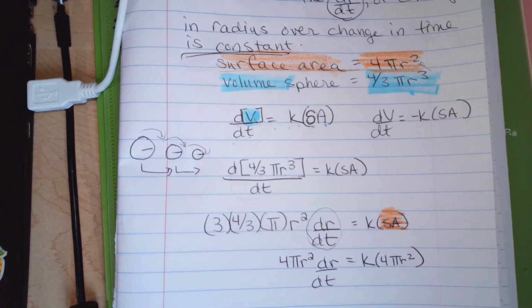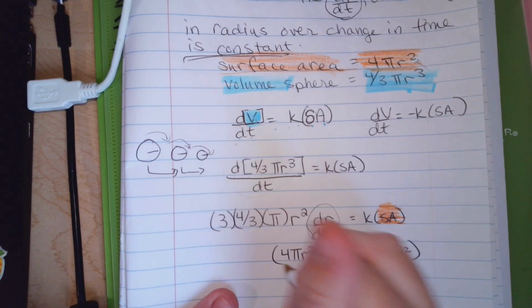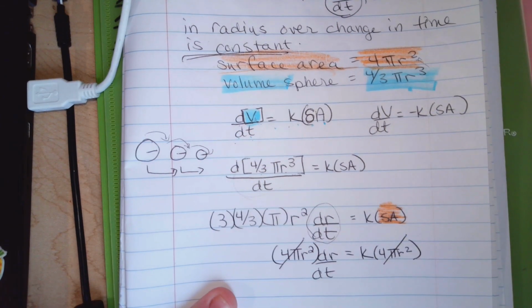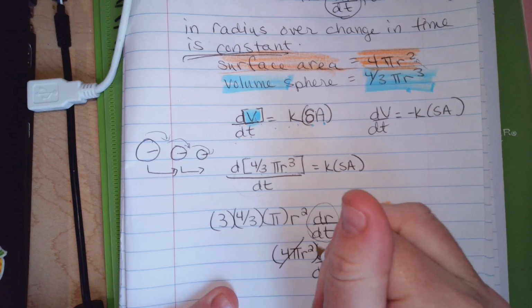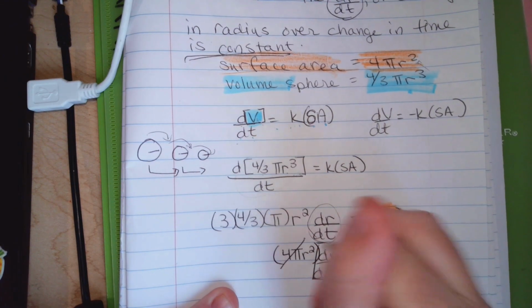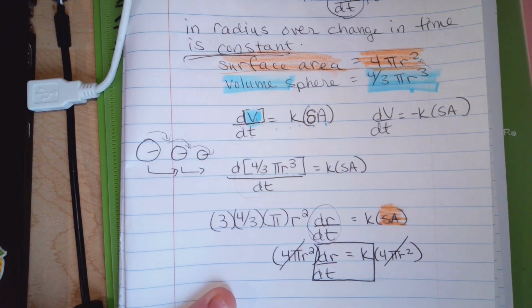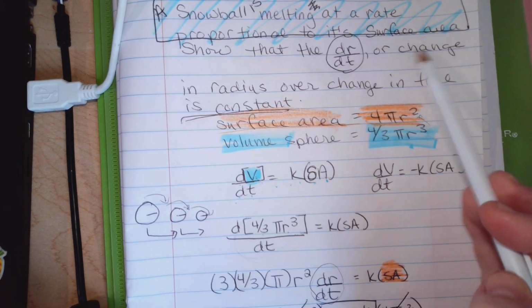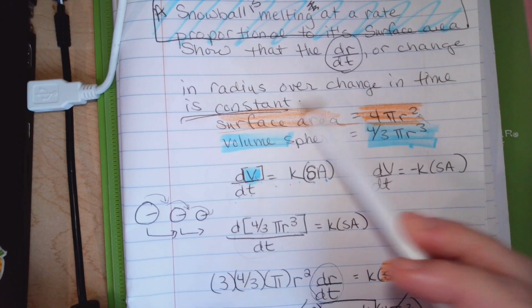As you can see, hopefully, these both cancel, and I get dr/dt equals K, showing that dr/dt, or change in radius over change in time, is constant.